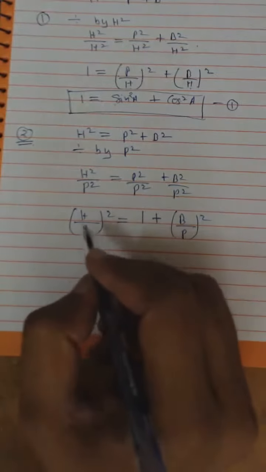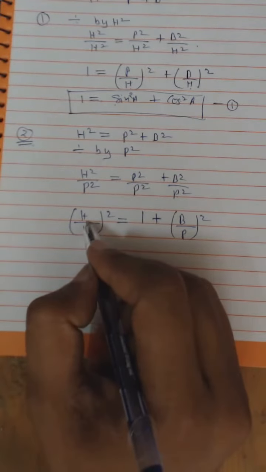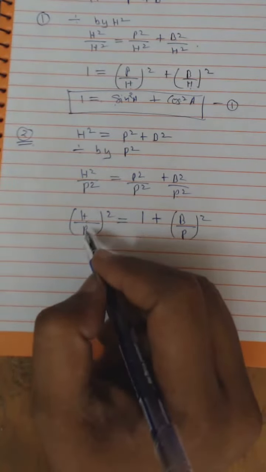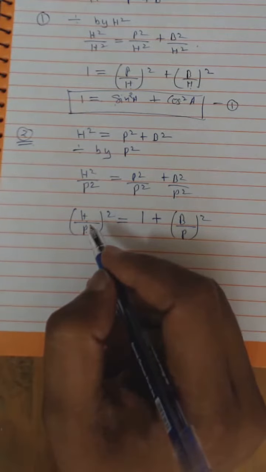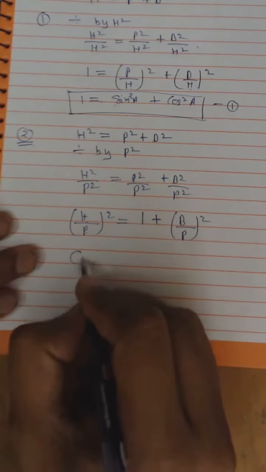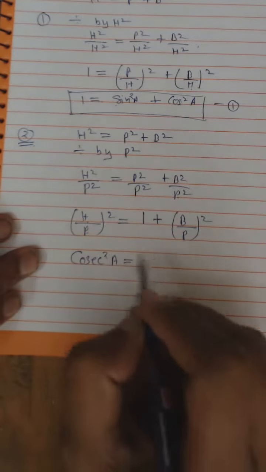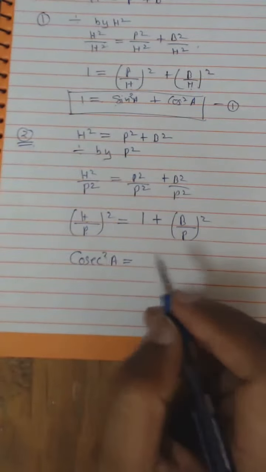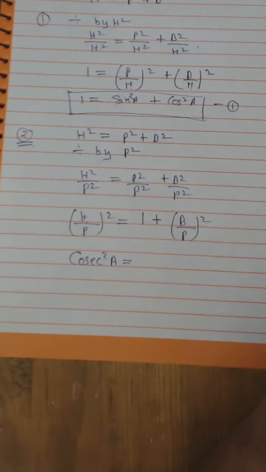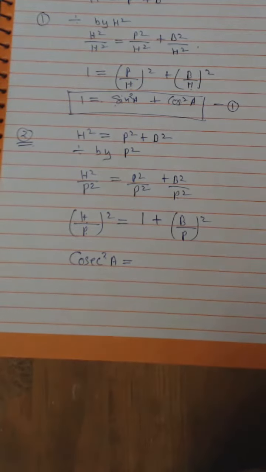Now the reciprocal of sine is cosec. So this will be cosec square A, because of this angle A we defined perpendicular, base and hypotenuse. Angle is necessary to define perpendicular and base.